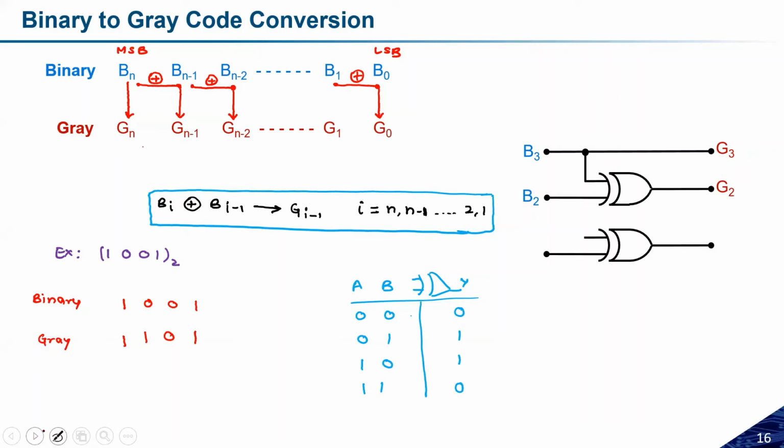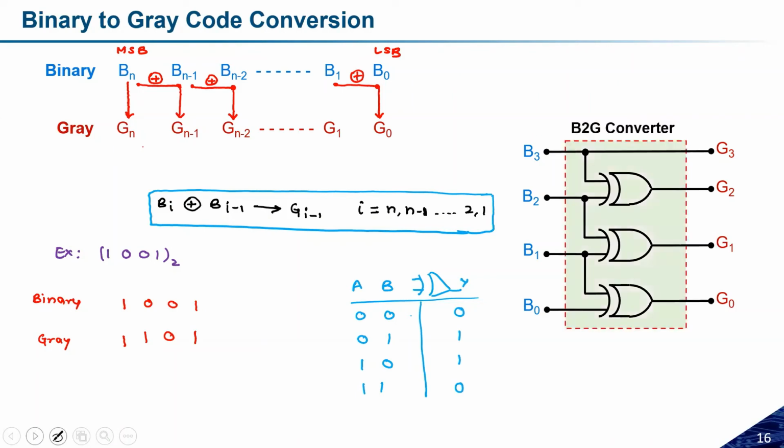Similarly, if I XOR B2 and B1, I will get G1. And if I XOR B1 and B0, I will get G0. So this is the simplest circuit that will convert the binary code to the gray code. This block is nothing but the binary to gray code converter circuit.